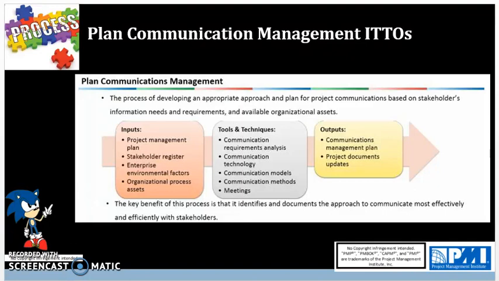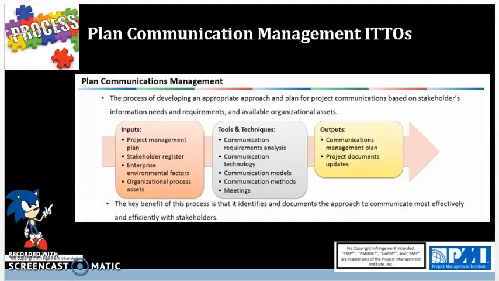Now for outputs, we've got the communication management plan, where you have stakeholder communication requirements, information to be communicated such as language, format, content, and level of detail, reason for distribution of the information, the time frame and frequency for the information to be sent out, the person responsible for communicating the information, and the person responsible for authorizing release of confidential information.